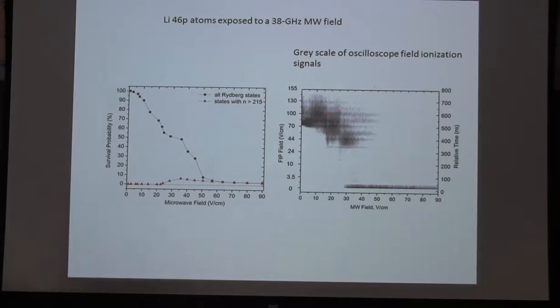This is also shown over here, in grayscale versions of the oscilloscope trace. Initially, atoms are hard to ionize, and then starting about here they move up slightly in n, and then we have all the stuff left in very high-lying states.